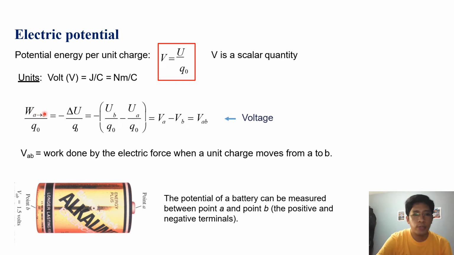So the work done from A to B is just the negative of delta U. You divide it by your unit charge Q naught to find the potential. So you have, this is equal to negative UB over Q naught minus UA over Q naught. And interchanging some of the values, you have your VA minus your VB. This is equal to VAB.